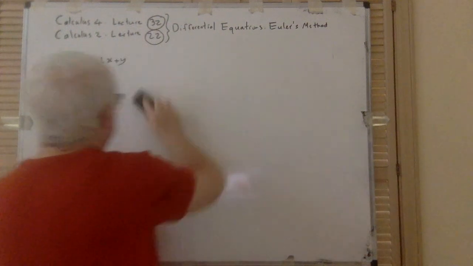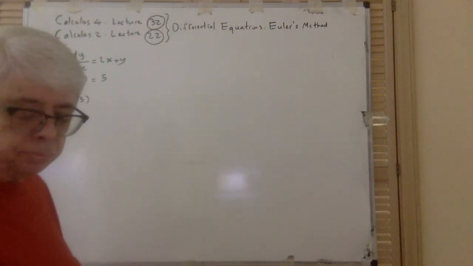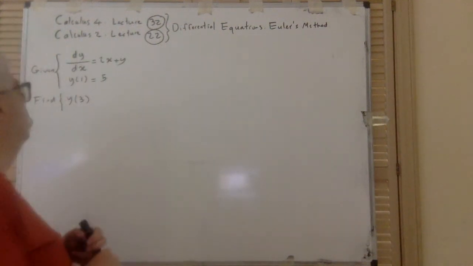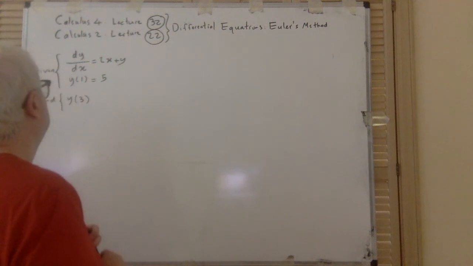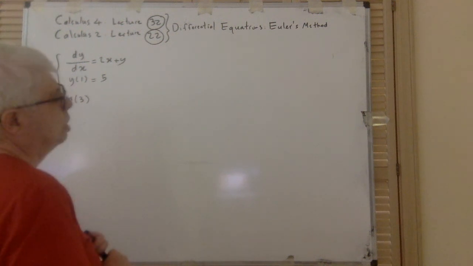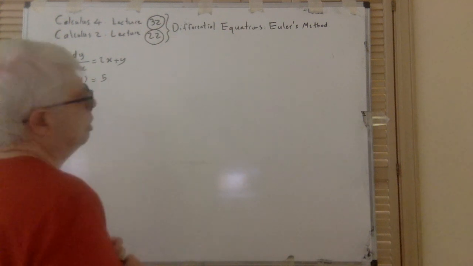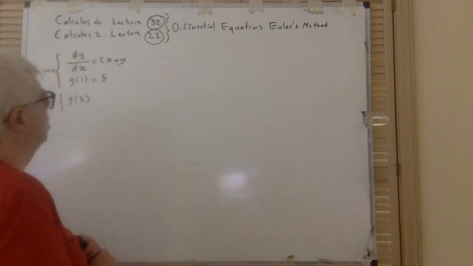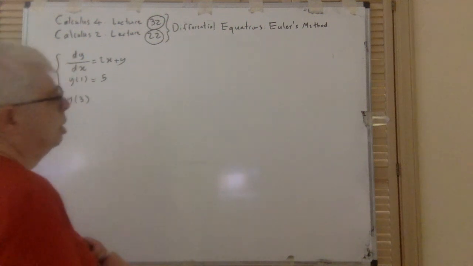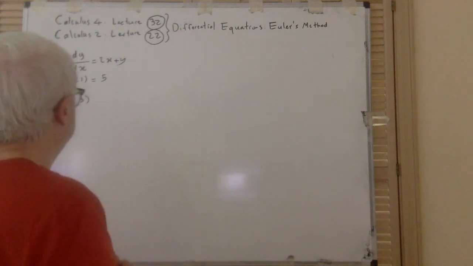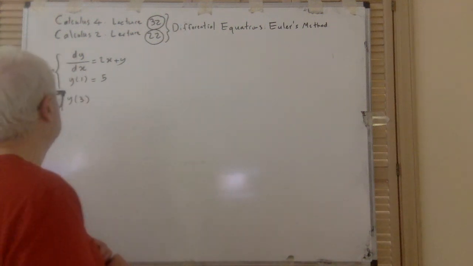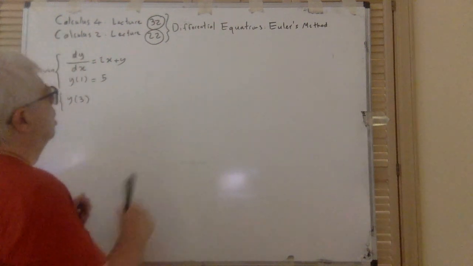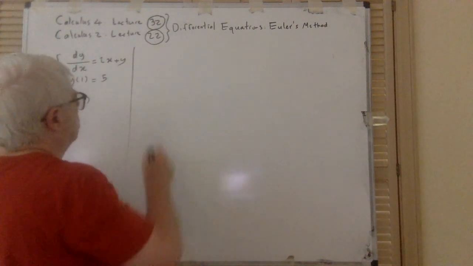Even 3 is too much because I'm going to take delta x to be 0.5, and that gives me 5 steps. So let's try to just go forward.